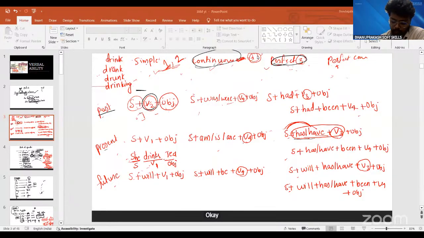Okay, just a second. I think I missed the translated sentences.